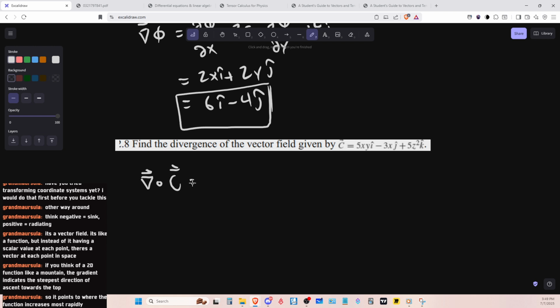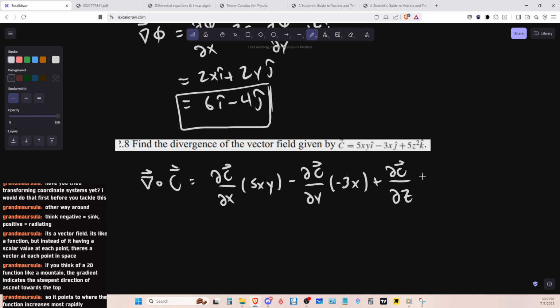So it's a dot product of this one, we have 5y.